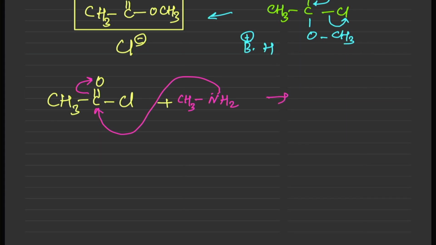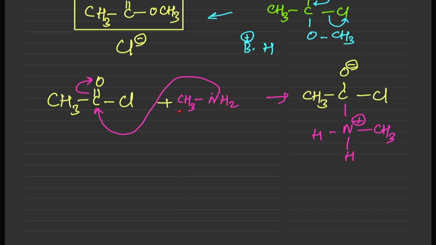So here we will end up making CH3CO minus, Cl, and then on the bottom we have NH CH3, and every time you have 4 bonds on nitrogen, that's going to be a positive charge. So 4 bonds on nitrogen is positive, 2 is negative, 3 is neutral. Nitrogen should have 3 bonds.